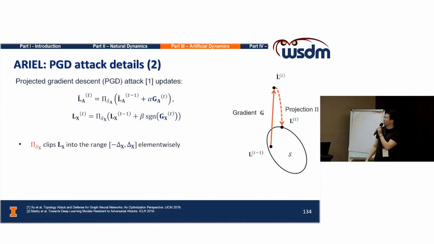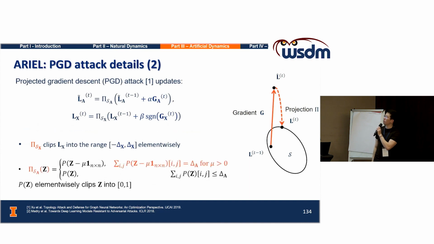So after that, we are given this PGD formula, and we do the gradient ascent. We will try to design this projection function, right? So for the projection over the feature perturbation matrix LX, we directly clip it into the range of minus delta x and positive delta x. That is because our bound is over the maximum norm, right?